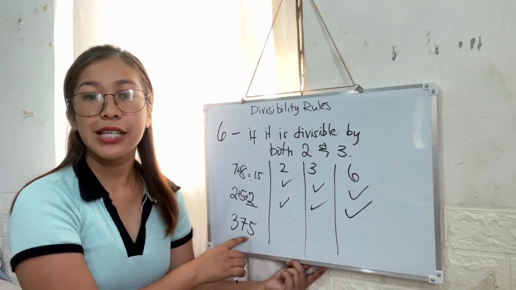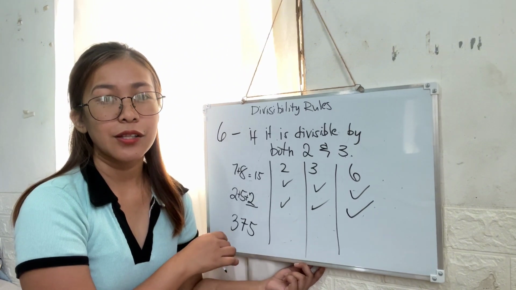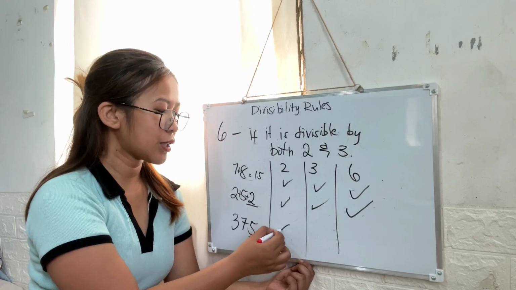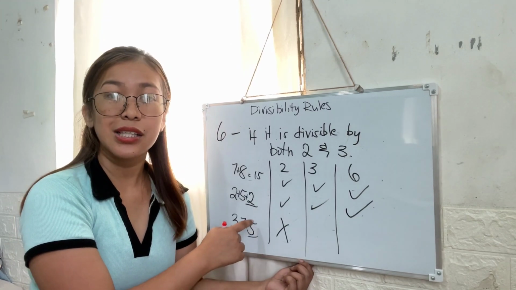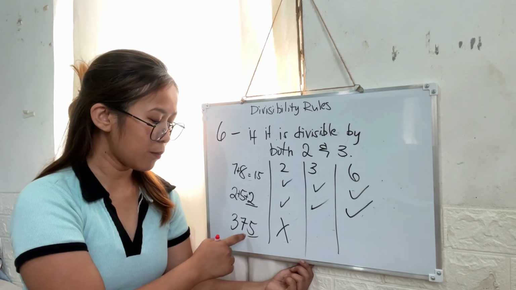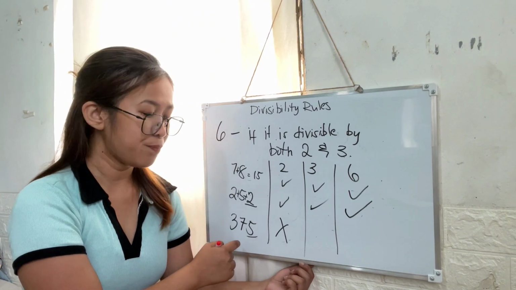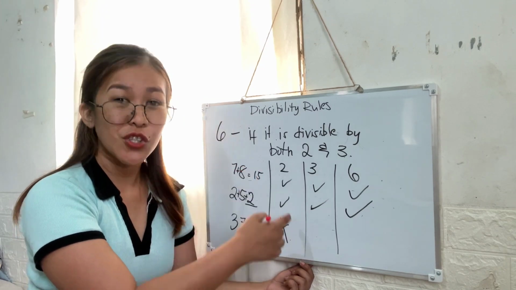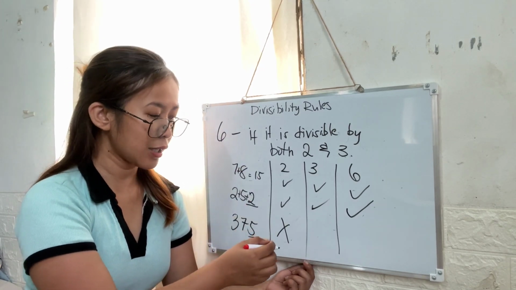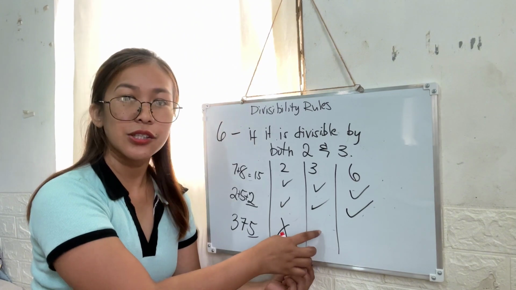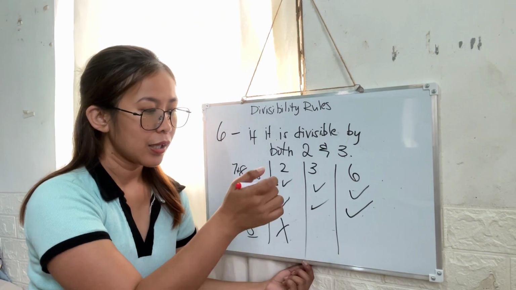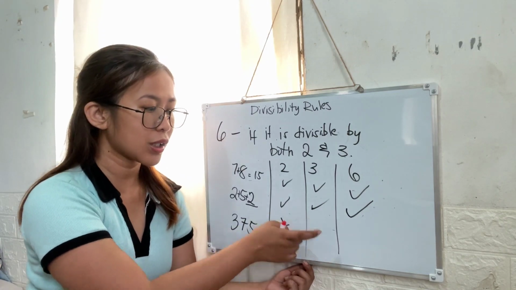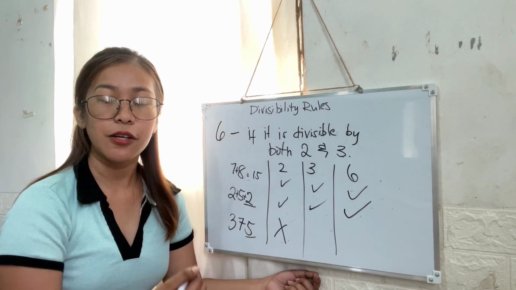Next, we have 375. So, 375, definitely it ends with 5. And it's not divisible by 2 because 5 is not an even number. Ayan. So, basically, this is divisible by 5. Ngayon, since this is not divisible by 2, pwede na nating hindi i-determine kung divisible ba siya by 3. Kasi, nawala na yung isa sa dalawa, so hindi na natin siya madi-determine.